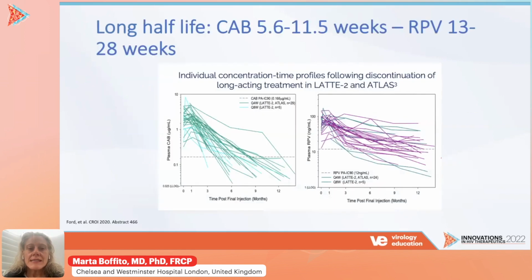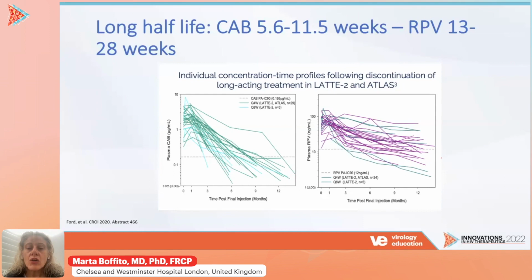And here you can see the concentrations of cabotegravir and rilpivirine, two available, or at least available in some areas of the world, long-acting antiretroviral agents that are administered in combination for the treatment of HIV. You can see the concentrations in people who took part in phase 2 and phase 3 studies like LATTE and ATLAS and stopped the cabotegravir and rilpivirine injections.